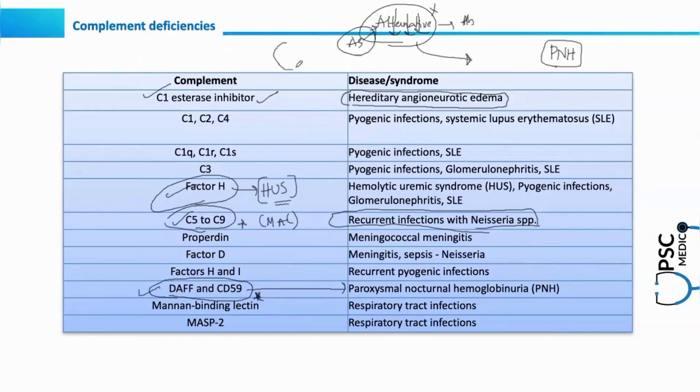How do they protect themselves? By possessing these two cell surface proteins, DAF and CD59. So whenever the alternate pathway C3a comes and looks at the cell, if these two components are present, it spares them. But in patients with PNH, there is an absolute deficiency of DAF and CD59, and the complement starts attacking the cells.